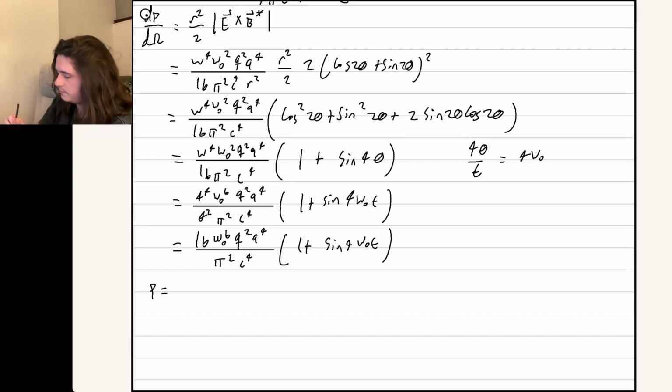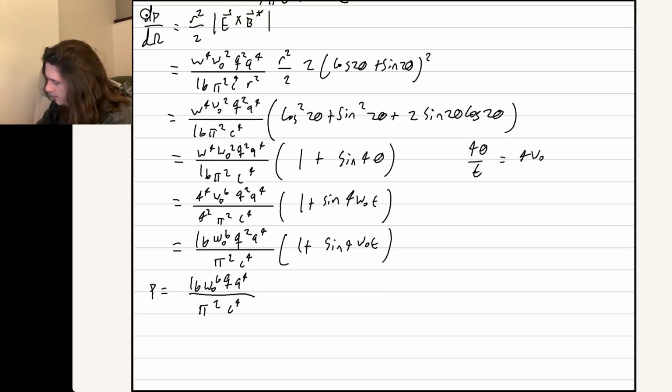And it doesn't matter how you look at this, whether you look at omega naught t as theta, or just treat it as a constant, the integral over the solid angle of this stuff just ends up being 4 pi.